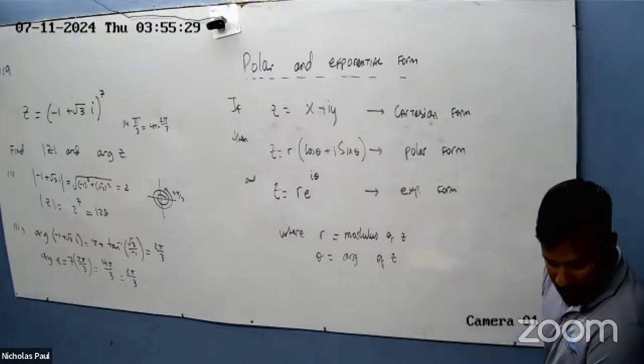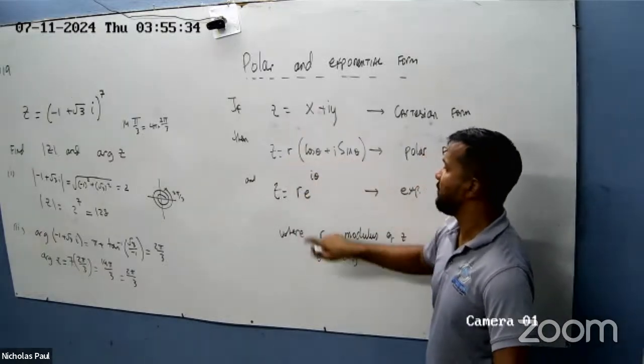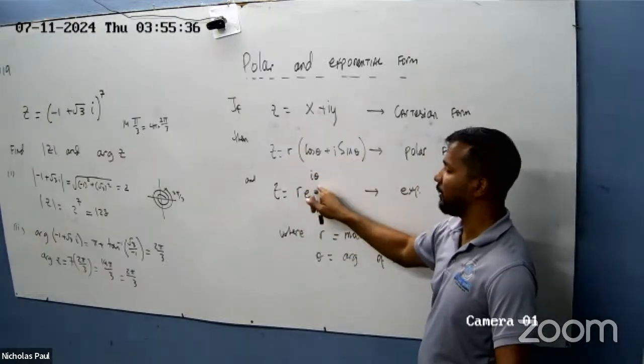That's okay? So if you need to convert to polar form, you just need r and theta. You want to convert to exponential form, you just need r and theta. That's it.